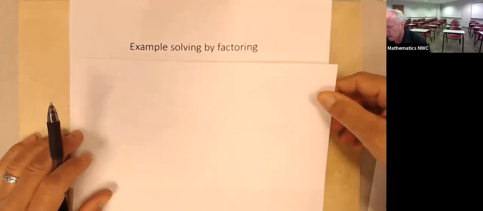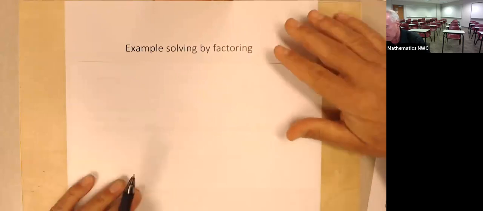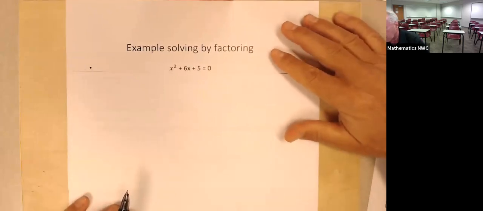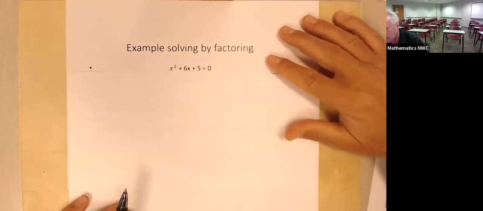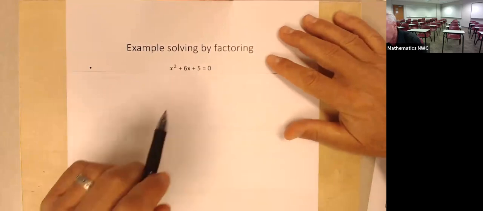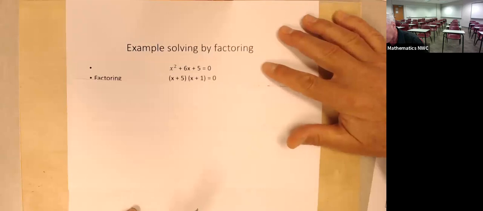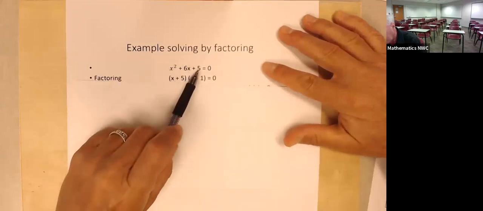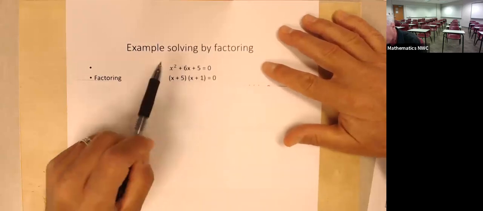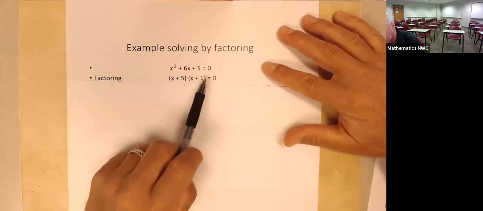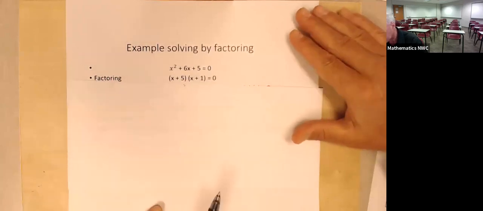This is a procedure I'm guessing many of you have seen before. So I'm looking at a real simple example here, x squared plus 6x plus 5 equal to 0. Notice I have it equal to 0. I can factor the left side. I need two factors of 5 that add up to be 6. Those are my factors. Again, notice it's equal to 0.